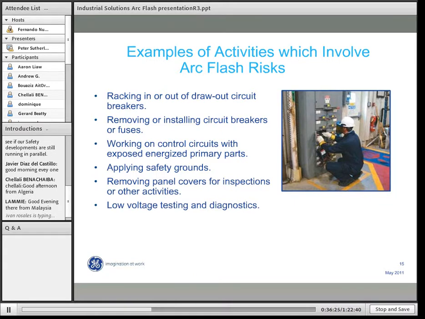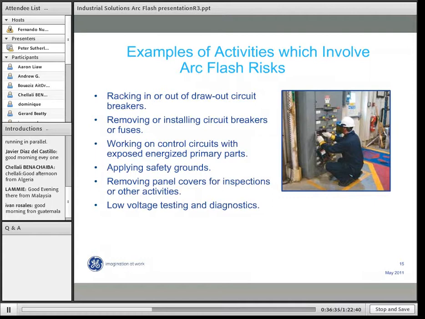Ideally, of course, they can design control circuits such that the control power transformer is behind a metal barrier that would prevent any arc from hurting somebody working on the low voltage circuit.